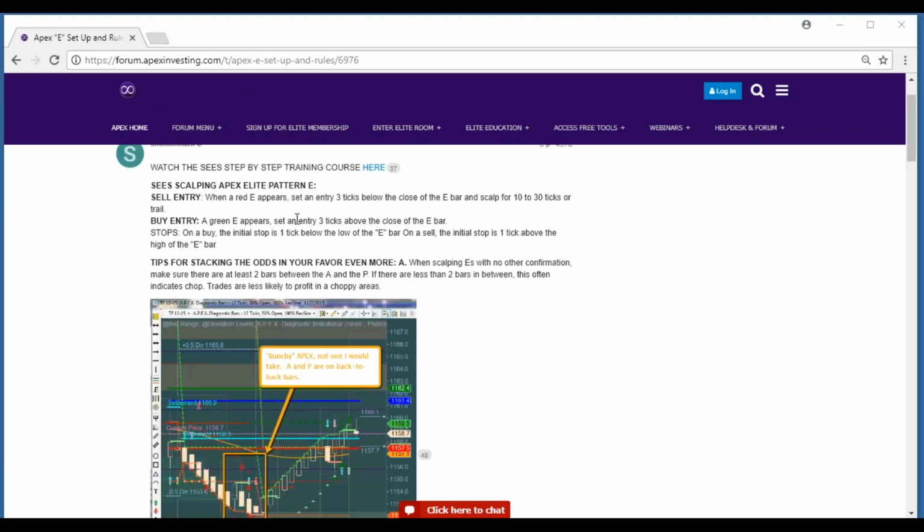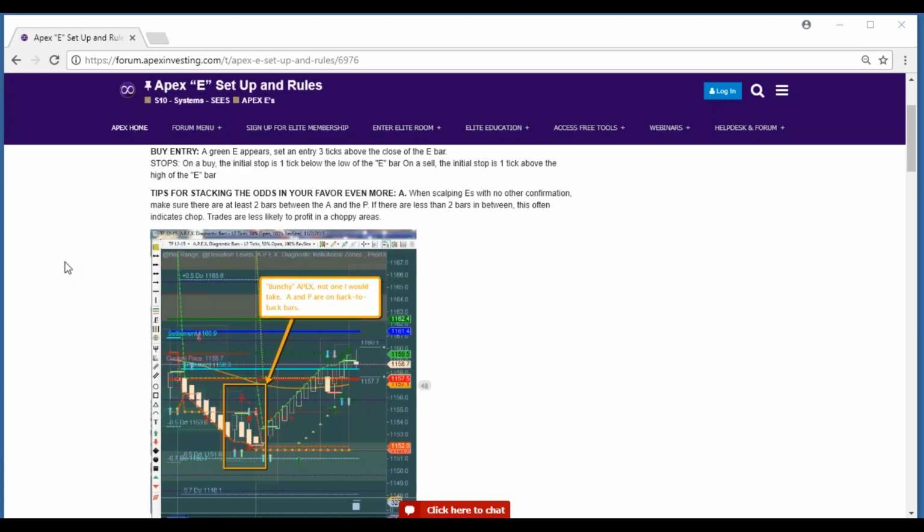A green E appears, set an entry 3 ticks above the close of the E bar. Now, do you want to just take every single one? No, you don't. E does not mean exit. It means potential entry. So you don't want to just take every little E with no confirmation.